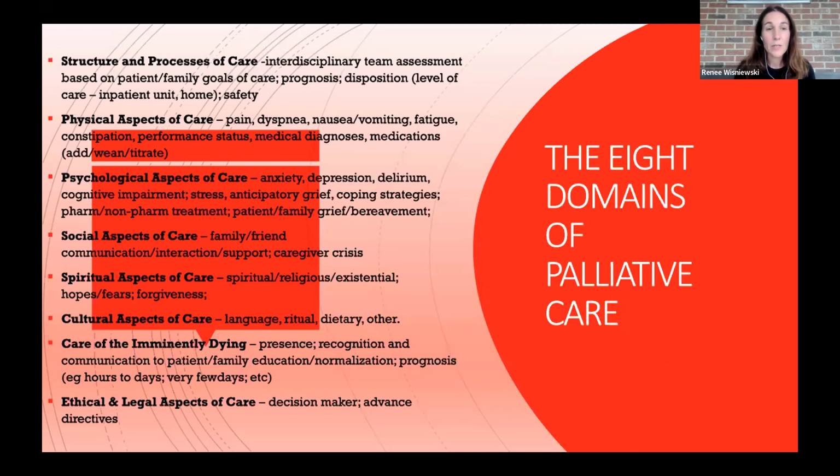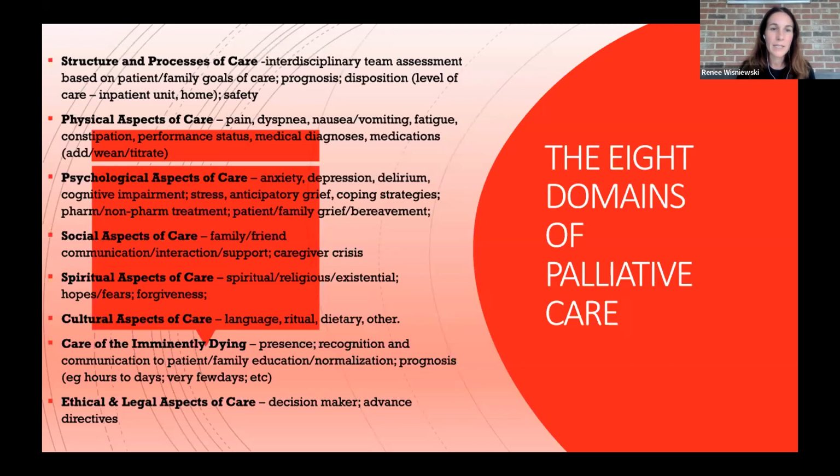Palliative care also incorporates cultural aspects of care, addressing language, ritual, dietary concerns, and also communication strategies between families, who receives information and how information is disseminated among the family, and how the patient wants decisions to be made. Palliative care can incorporate care of the imminently dying.